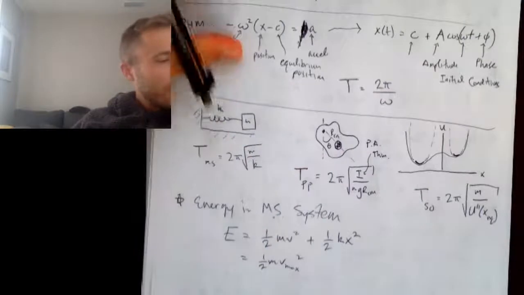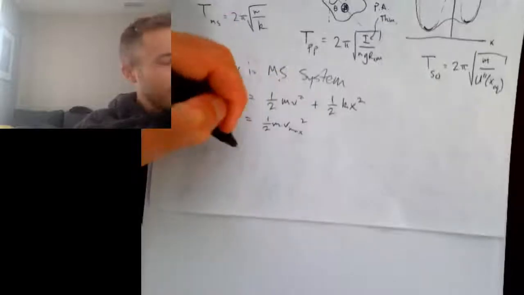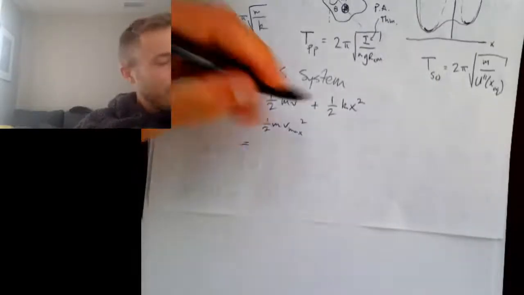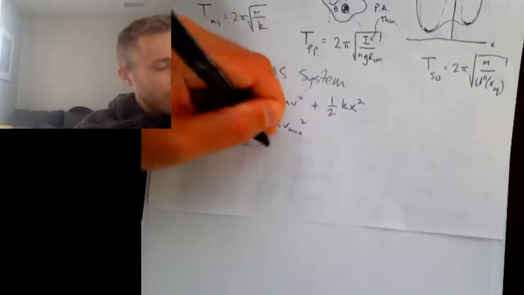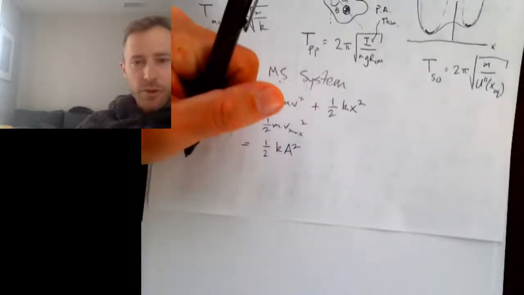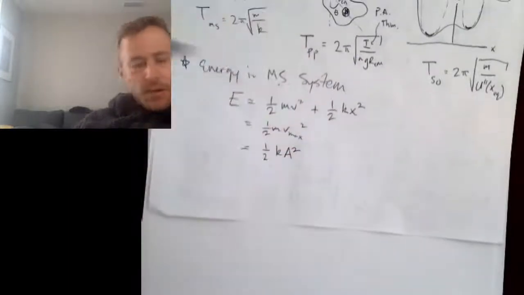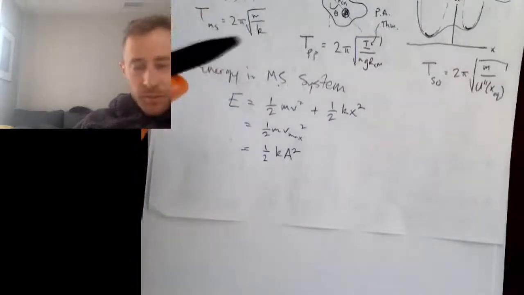Or you could analyze it at the extreme point where there's no kinetic energy, in which case the total amount of energy is 1/2 k A squared. It's all potential. So then we just use this to solve some energy problems.